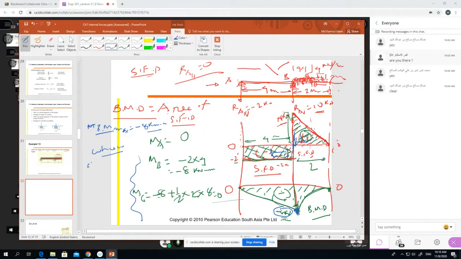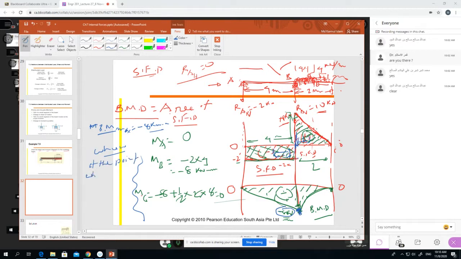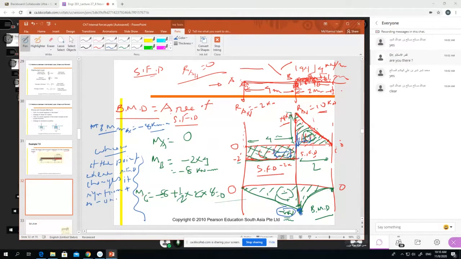At the point where the shear force diagram changes its sign, from positive to negative or negative to positive, at this point the bending moment will be maximum.